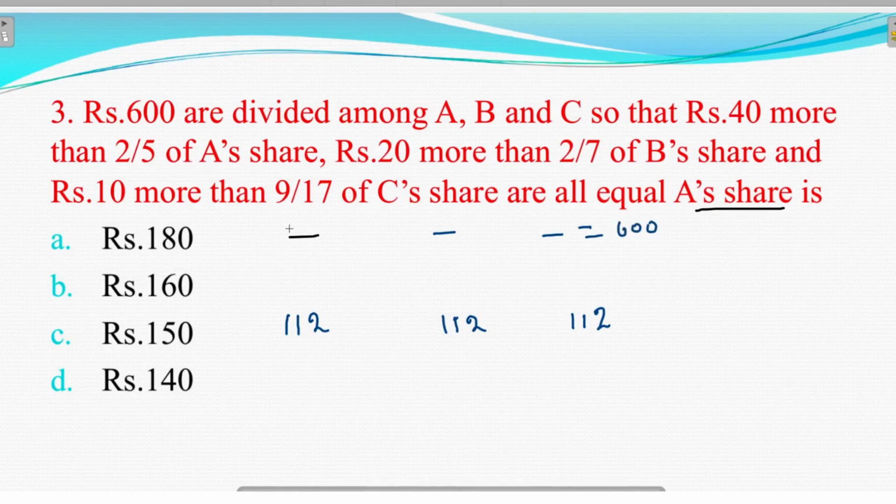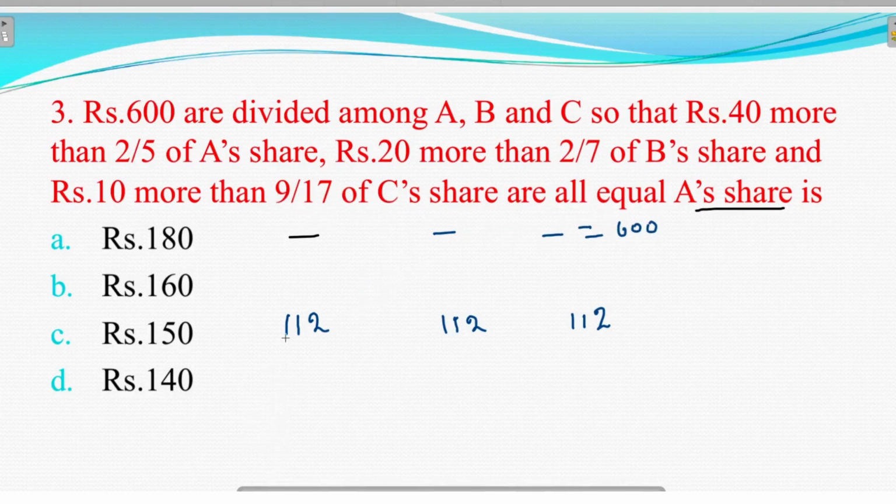Let's check. Now we know this number will be 180. I will verify. First we have to reduce. How I am doing it in the exam way, I will explain.